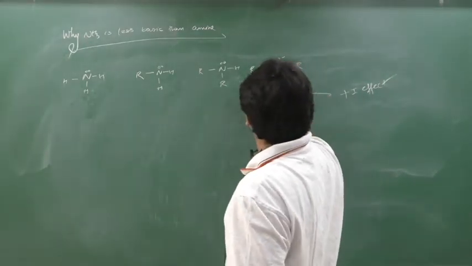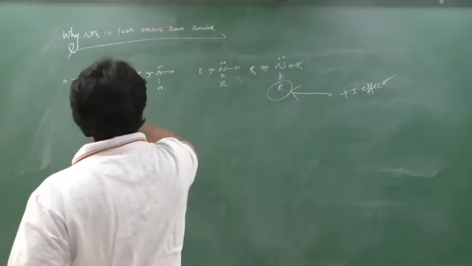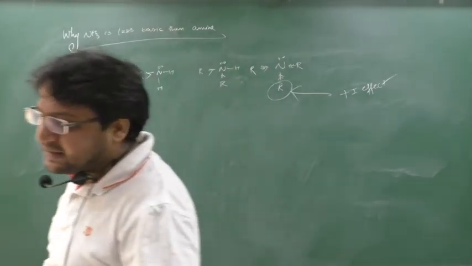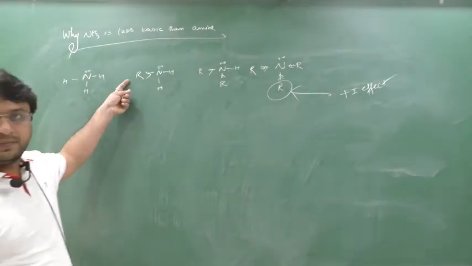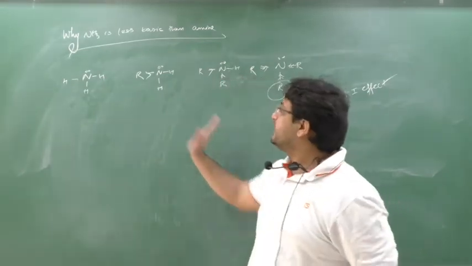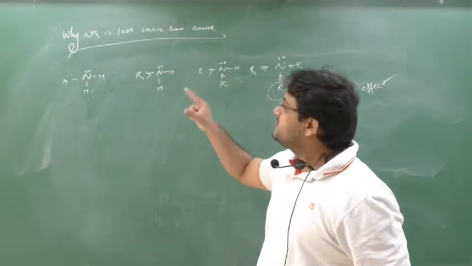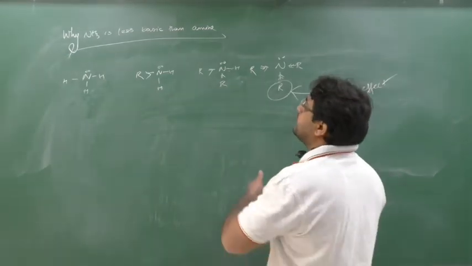See here, this hydrogen will not show it, or will show less. So these amines show the plus I effect due to the presence of the alkyl group. That means they push the electron a lot, they are pushing the electron. So from where can the electron be removed easily? From these amines, removal of electron is easy.